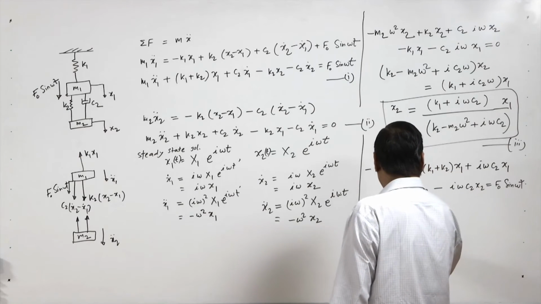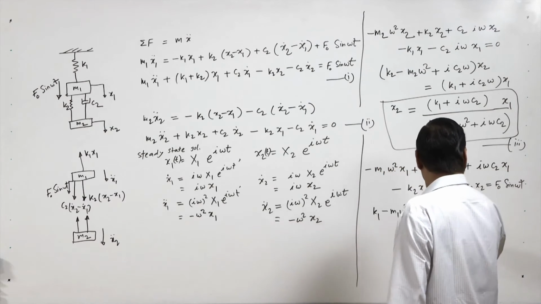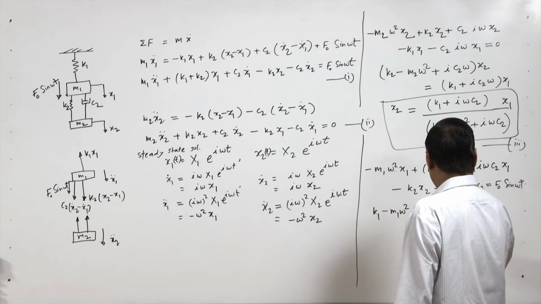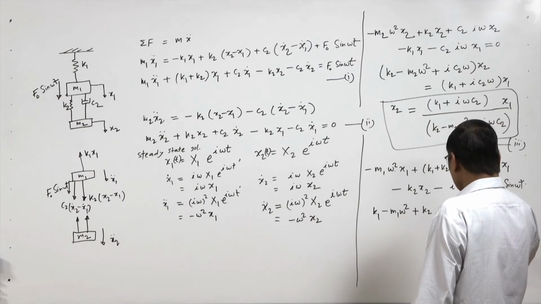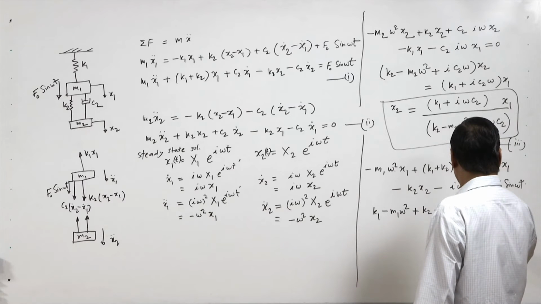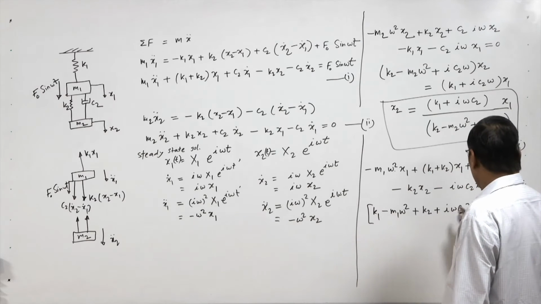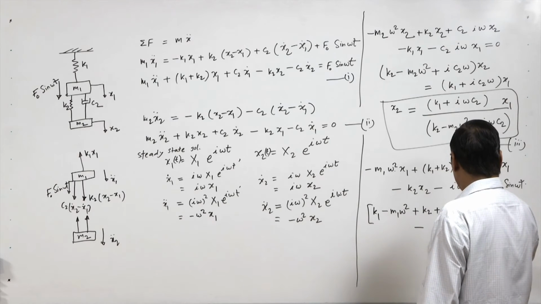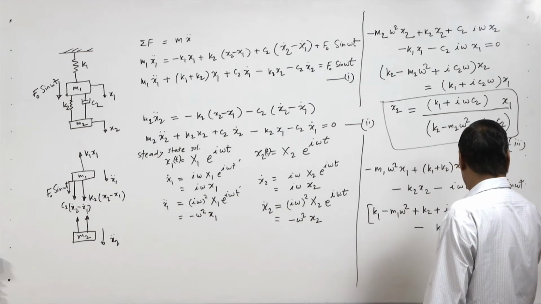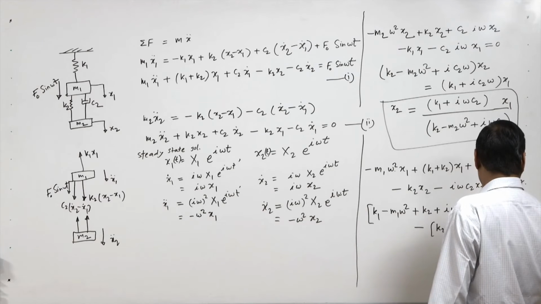So we have (k1 minus m1 omega square plus k2 plus i omega c2) X1 minus (k2 plus i omega c2) X2 equal to f0 sin omega t.